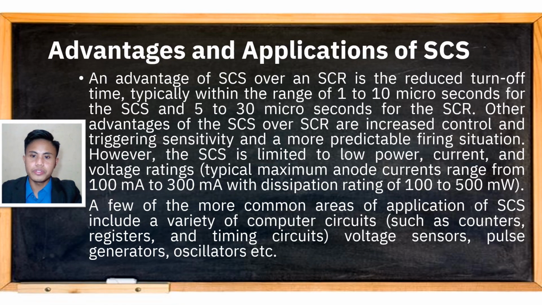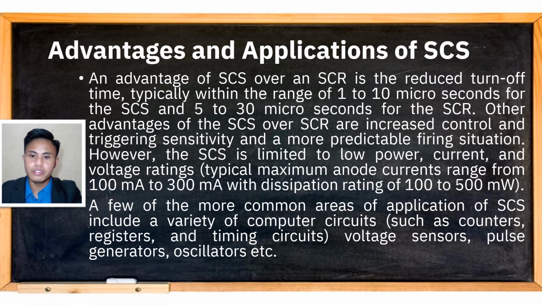Advantages and applications of SCS. An advantage of SCS over an SCR is the reduced turn-off time, typically within the range of 1 to 10 microseconds for the SCS and 5 to 30 microseconds for the SCR. Other advantages of the SCS over SCR are increased control and triggering sensitivity and a more predictable firing situation.